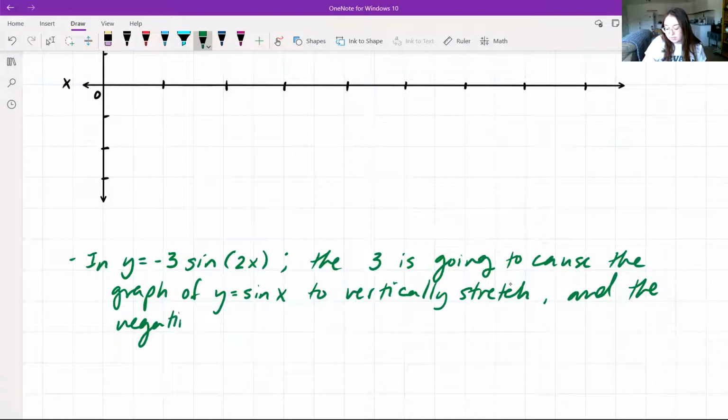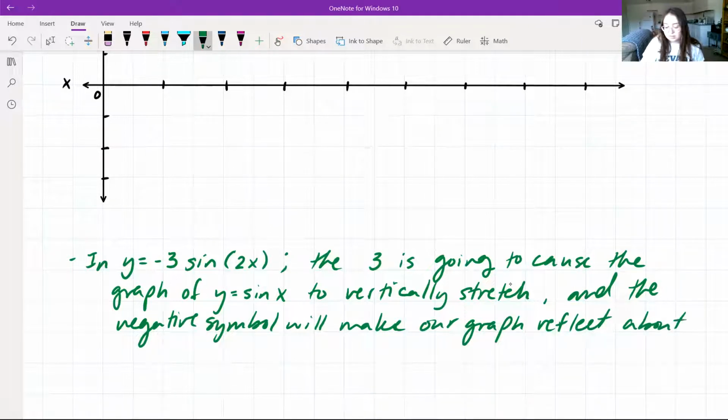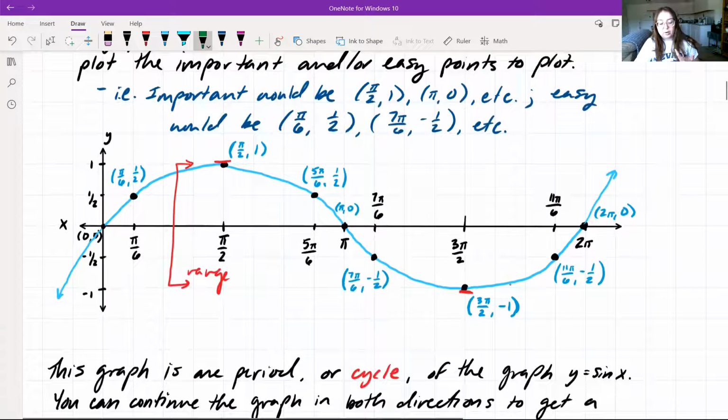And the negative symbol will make our graph reflect about the x-axis. So we're going to see this flipped. So before we go through the origin, we have this increasing value.